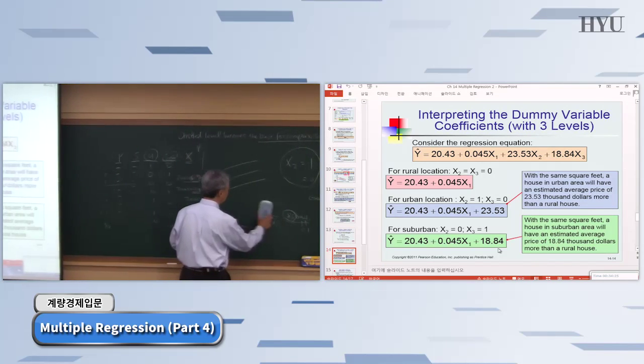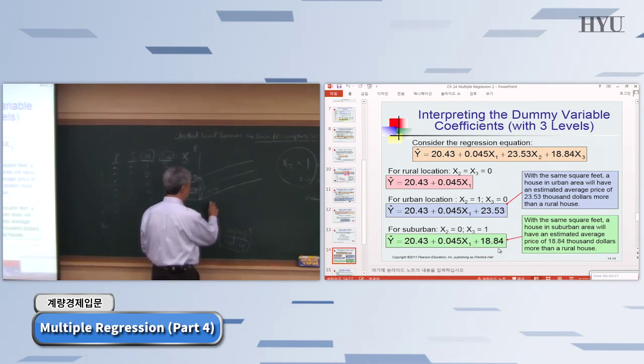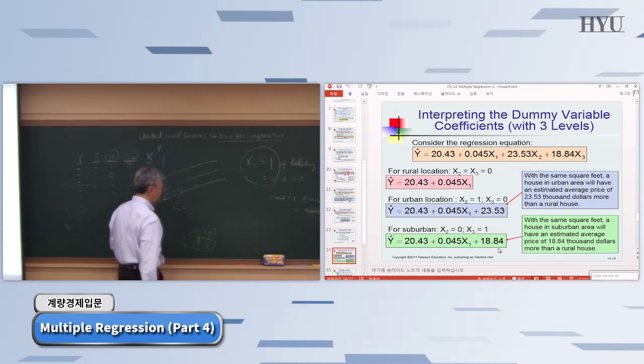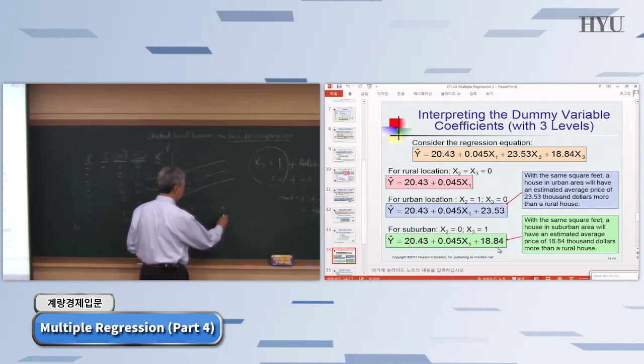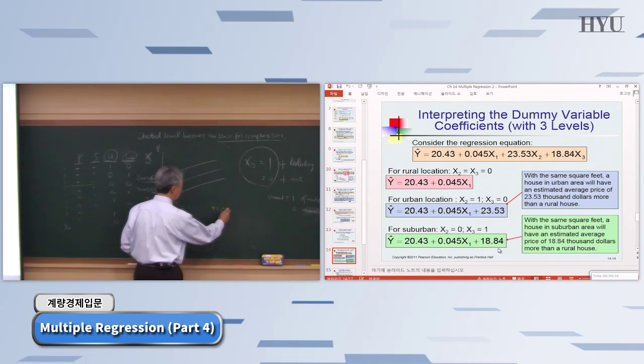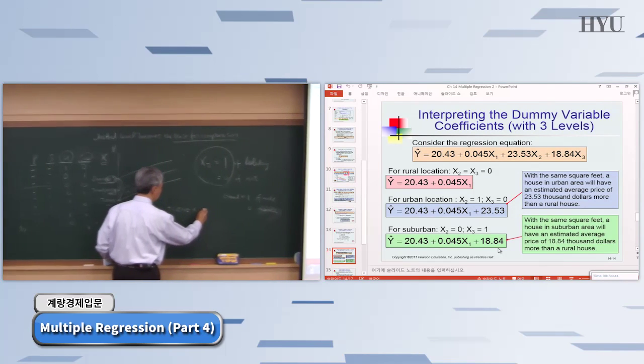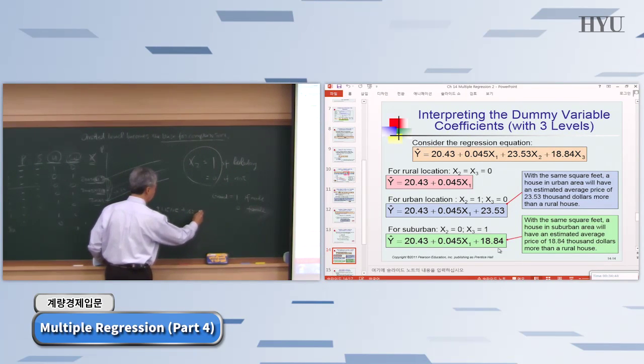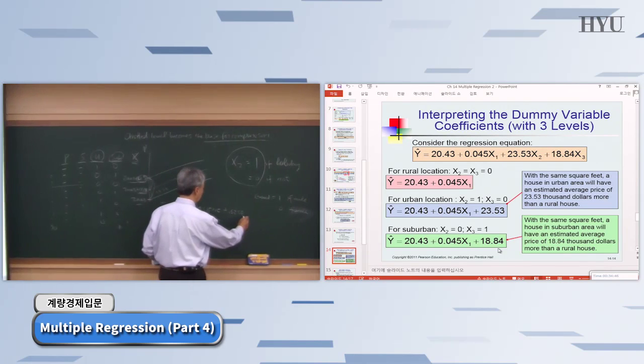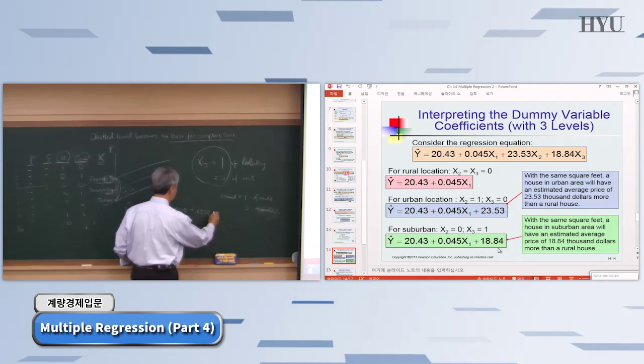So wage goes blah, blah, blah, plus 1.15 northeast, plus 0.62 southeast, minus, let's say, 1.25 southwest.